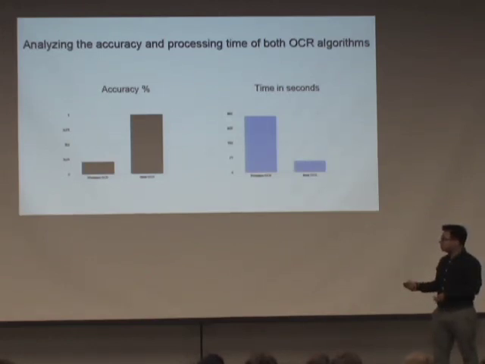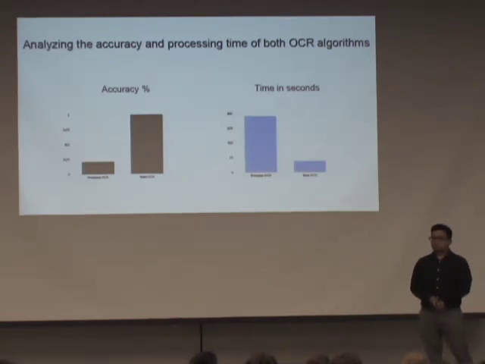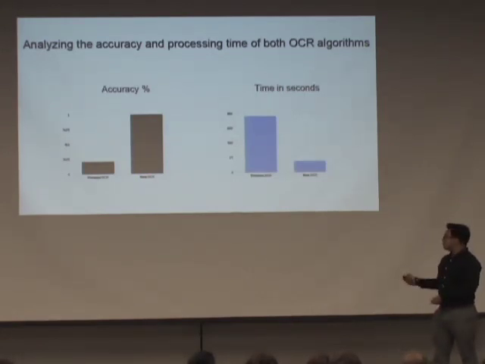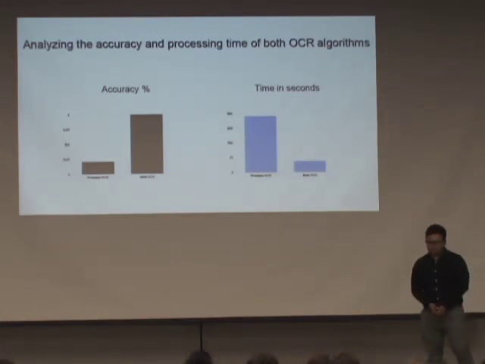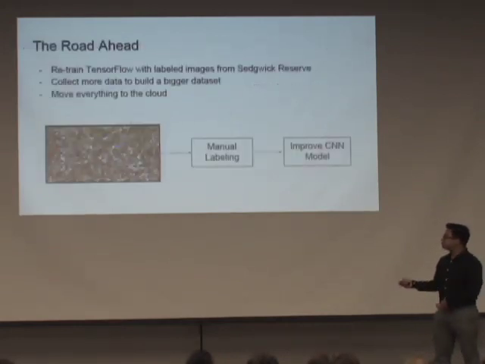The previous OCR recognized 4 out of 20 temperature images correctly, while the new OCR recognized 100% of the numbers correctly. And for time efficiency, the previous OCR took around 250 seconds to analyze 20 images, while the new OCR took about a fifth of that time, about 50 seconds.